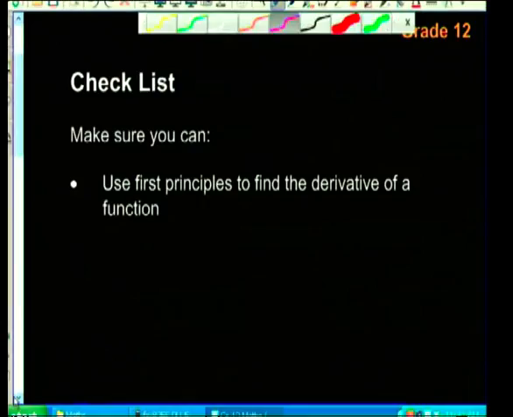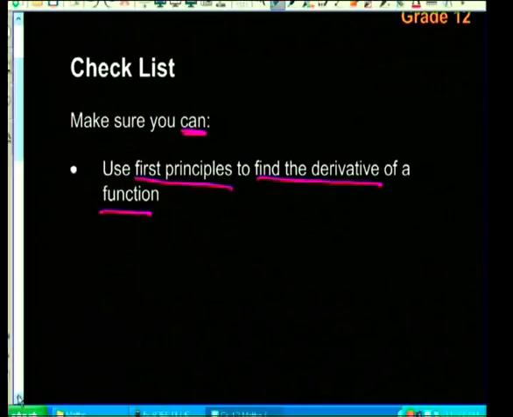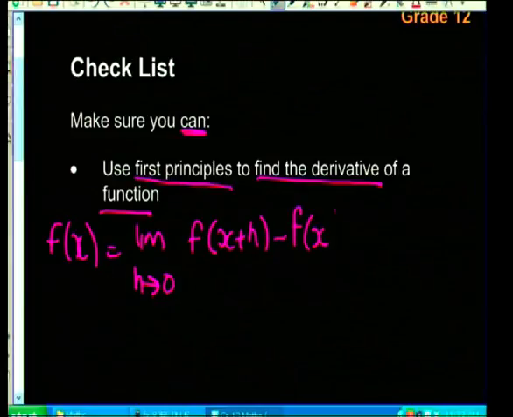Our checklist. Make sure that you can use first principles to find the derivative of a function. Now, remember first principles is this formula. The limit as h tends towards 0, f at x plus h minus f at x all over h.